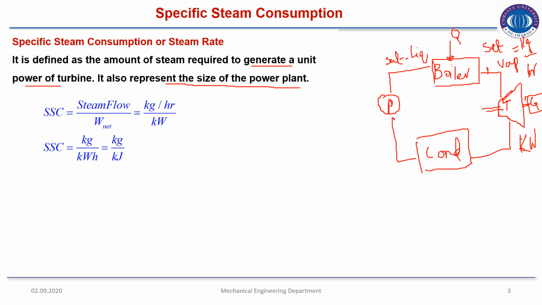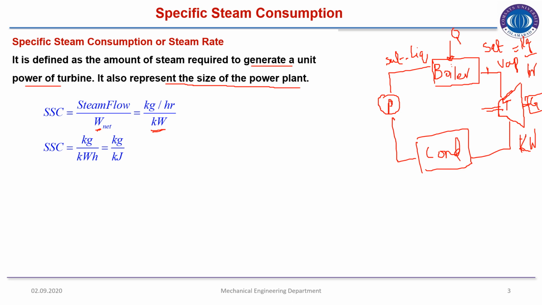So this is a schematic diagram shown. You should know where the direction of flow of steam is and what W net is. So W net, its unit is kilowatt, that is the power output of a turbine, whereas steam flowing through the turbine has a unit of kg per hour.